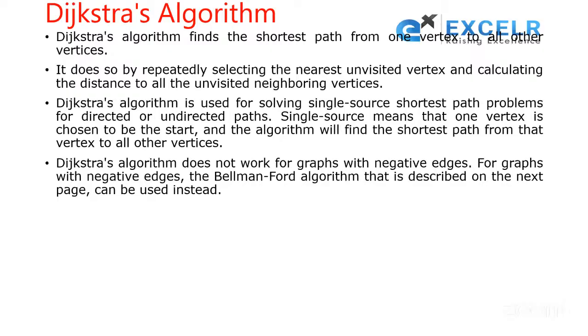Simply if you say, for example, let me draw a graph. This is a graph. It is 1, 2, 3, 4. Let it be undirected, no need to put it directed right now. The cost is 6, -5, 3 and -2.